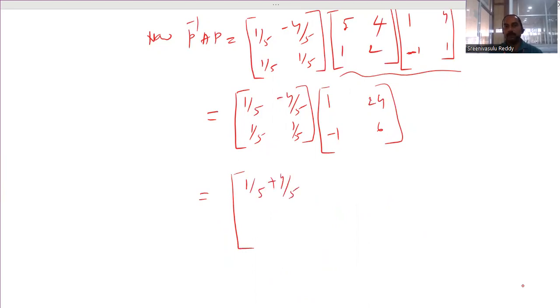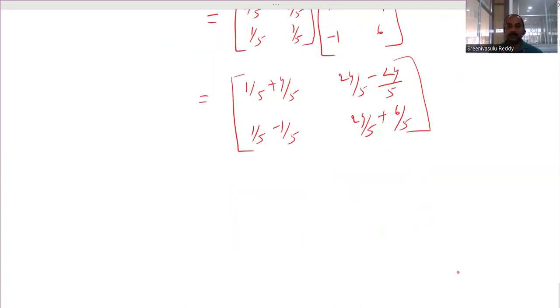Next 24 by 5 plus 24 by 5. 1 by 5 minus 1 by 5. 24 by 5 plus, row by column, 6 by 5.